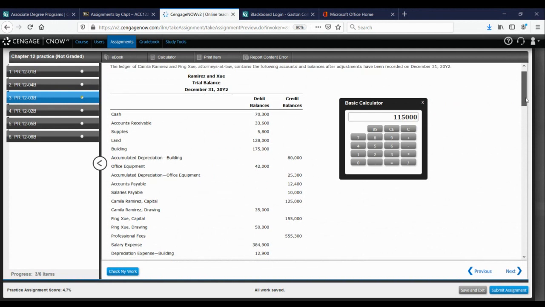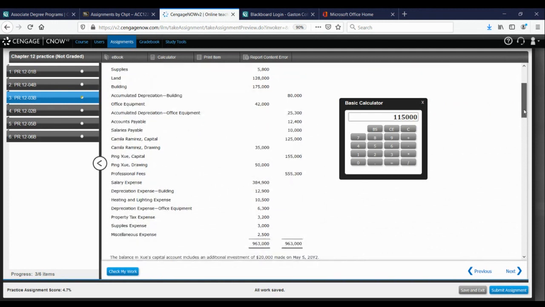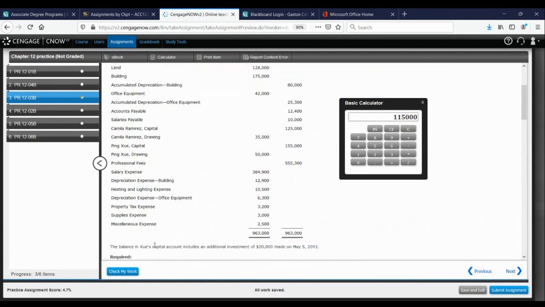So we want to know what the capital is at the beginning of the fiscal year. So that's why they threw in this extra part about Zoo's used capital, that it included an additional investment of $20,000 that was made on May the 5th.